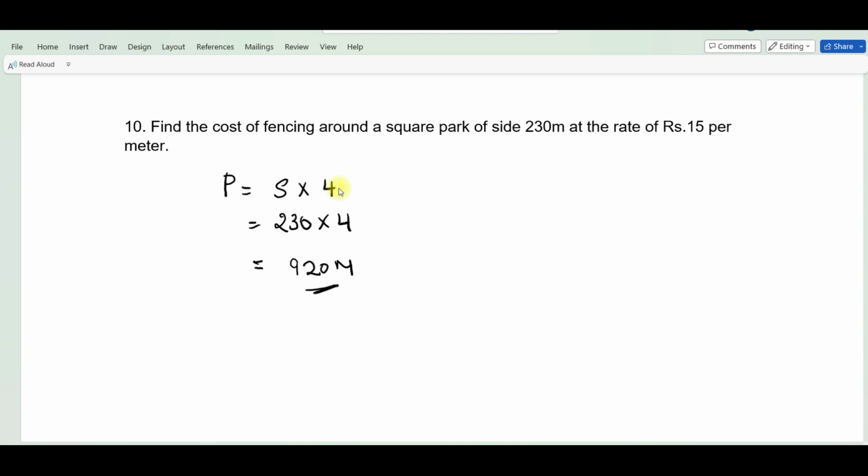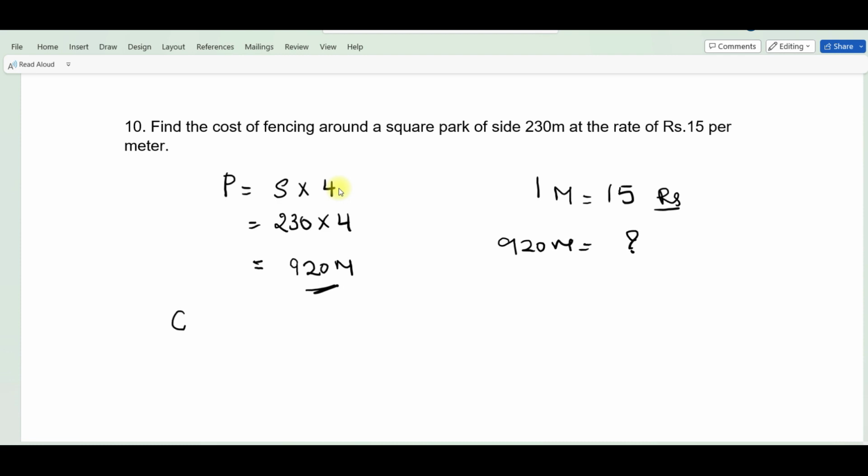So that's the total length of fencing. Now for 1 meter it is 15 rupees. Now for 920 meters you have to find the cost of it.